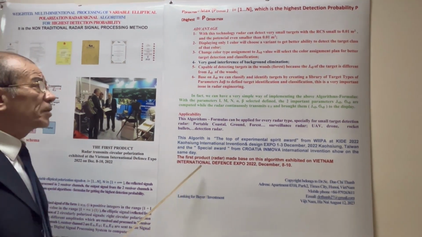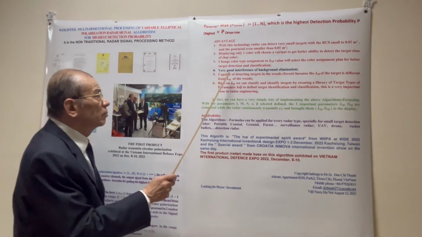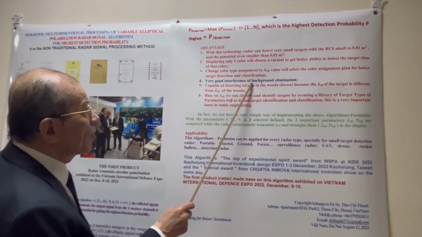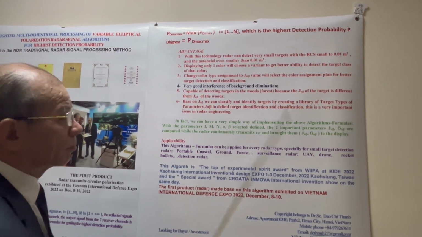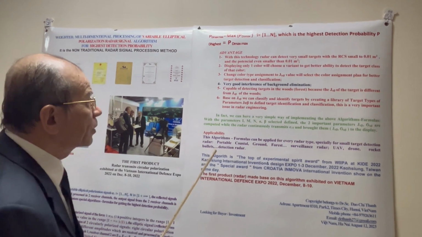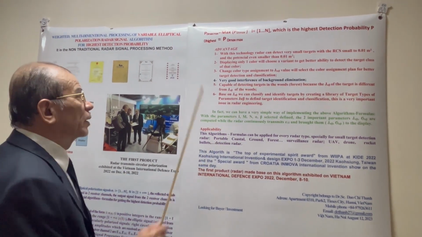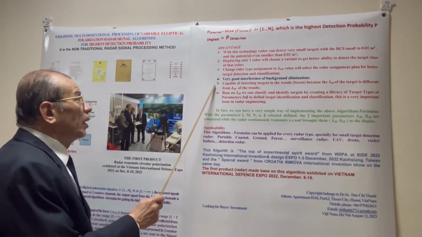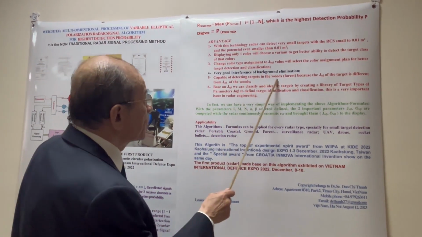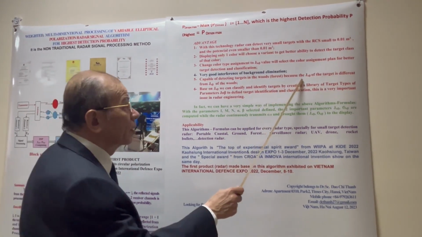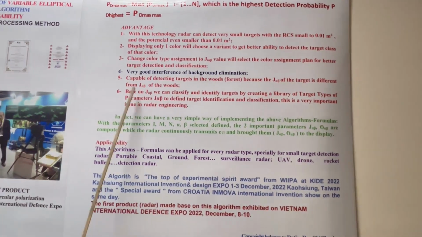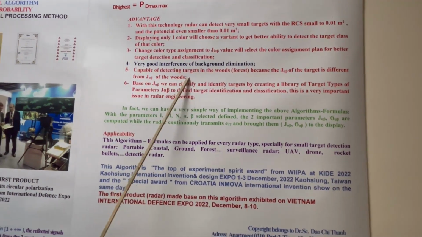And the fourth is an excellent, very good advantage. It is elimination of background interference. This ability is very good. And advantage 5: capable of detecting targets in the forest because the alpha beta of the target is different from the alpha beta of the forest.